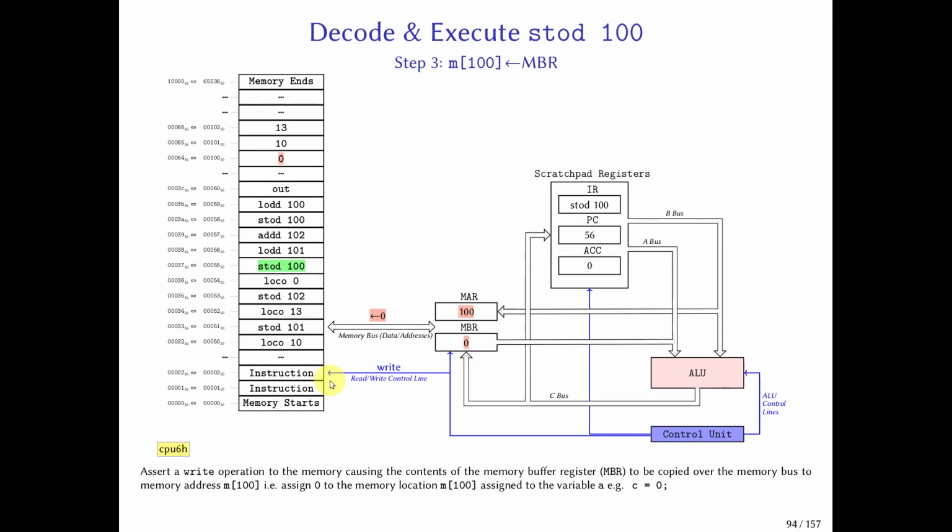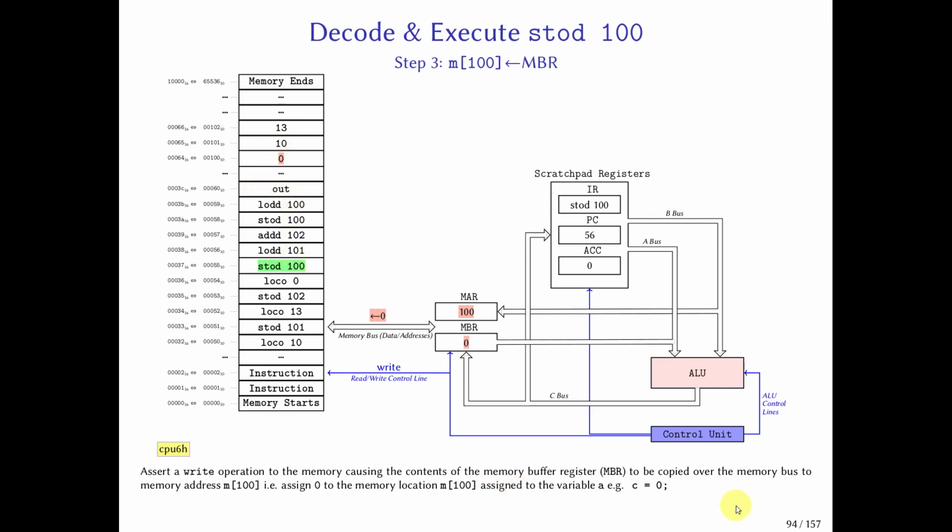Then it sends a signal to the circuitry of the main memory that the main memory will be performing a write, which it duly does. The value in the memory buffer register, which is 0, is copied over the memory bus and becomes an input into the main memory circuitry, and then it ends up in the address 100, which has been specified in the memory address register.